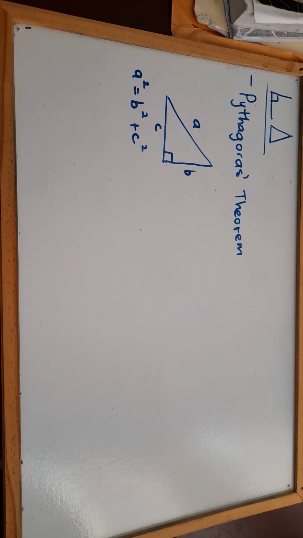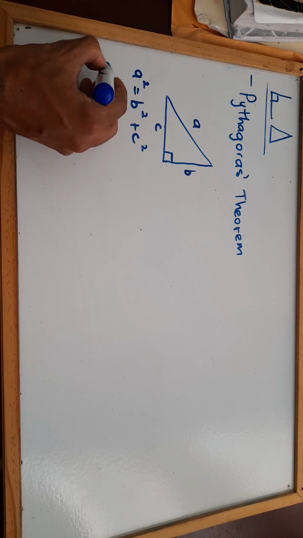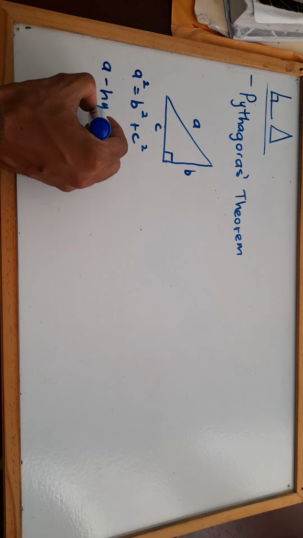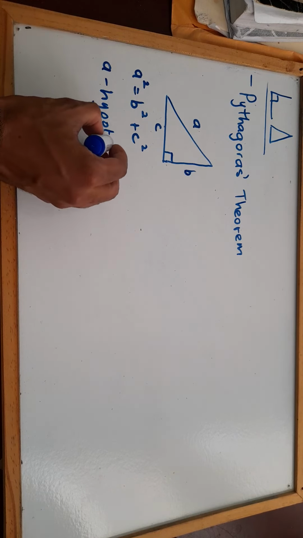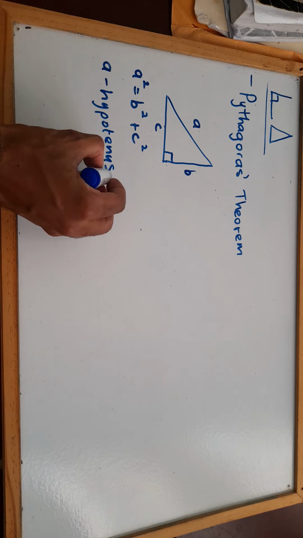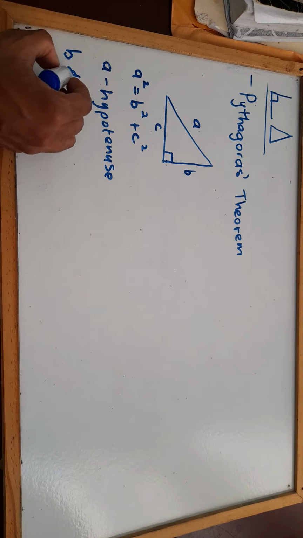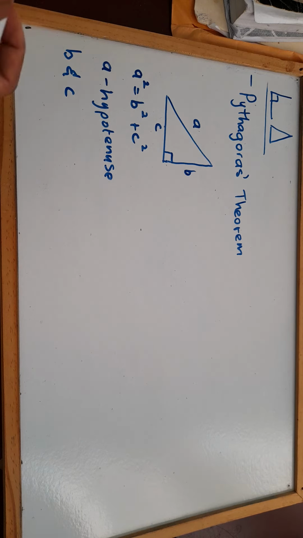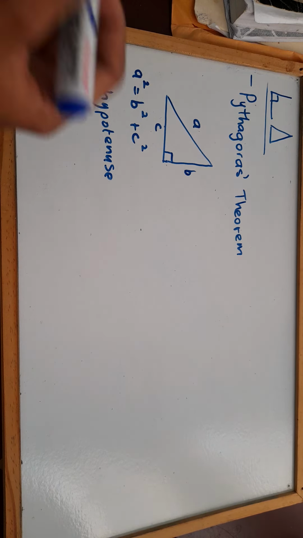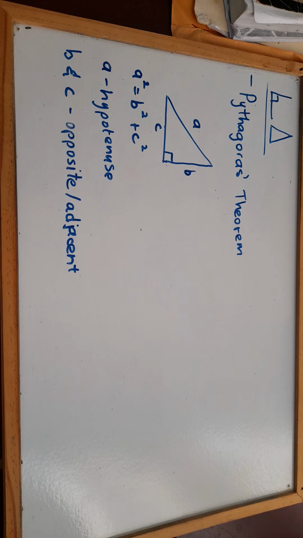And we also dealt with the notation of the triangle. We said that A was the hypotenuse, right? And B and C would be the opposite and the adjacent, but that can be interchangeable, right?